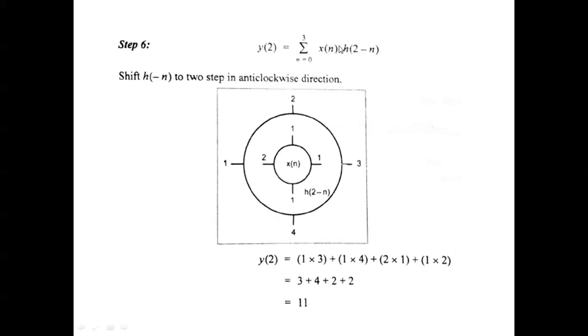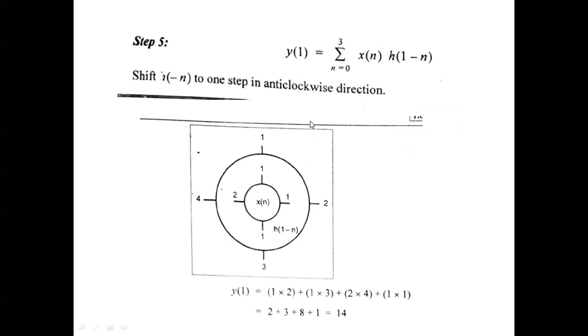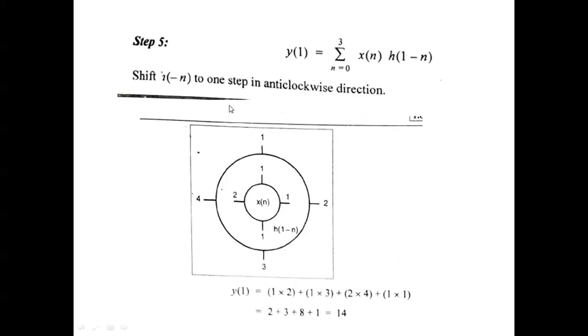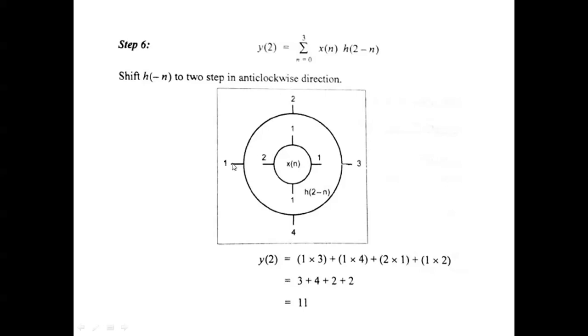Similarly for y of 2, the n value is 2, so do two steps of anti-clockwise shift from the first position. The remaining values you multiply and add, and you get the value 11.